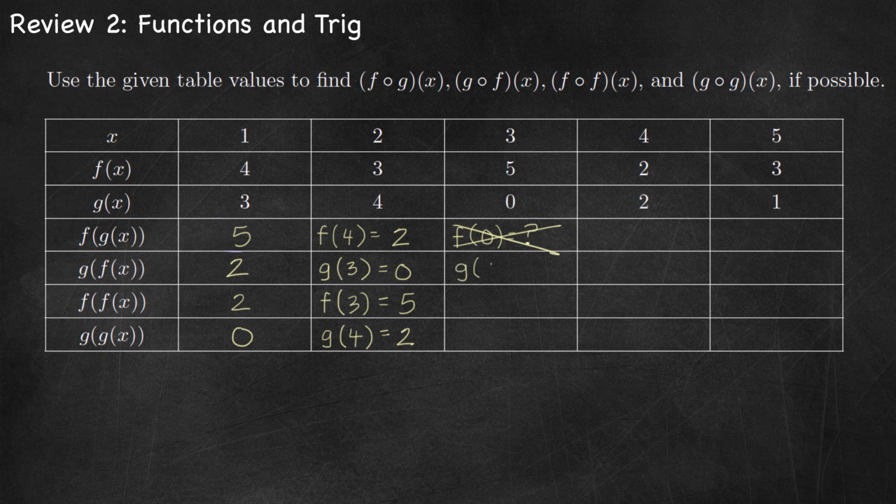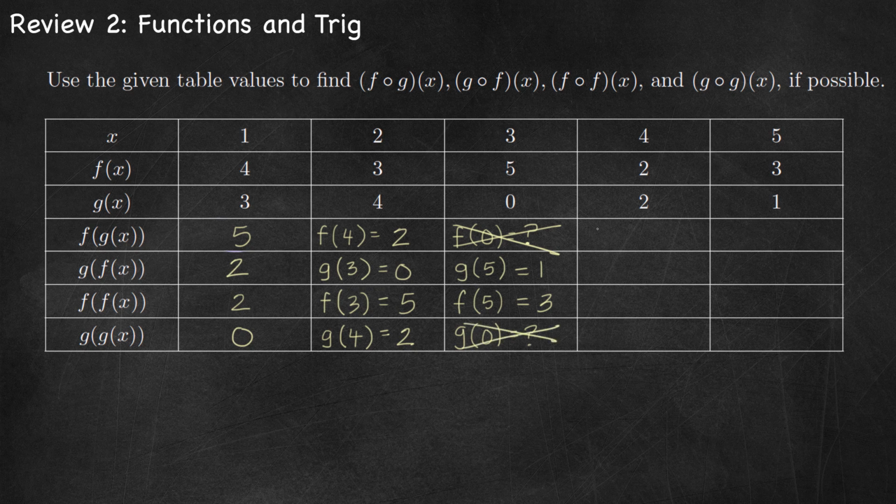Well, f of 3 is 5, and g of 5 is 1. Next we have f of f of 3. F of 3 is 5, and f of 5 is 3. And then we have g of g of 3. G of 3 is 0, and g of 0 we can't find from the information given in the table, so we don't know that one.